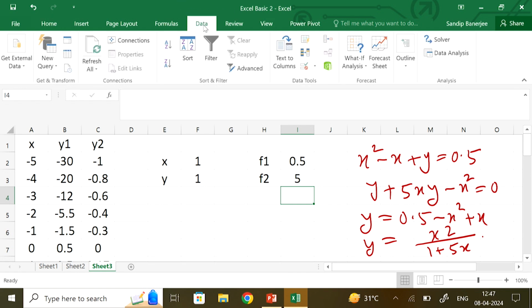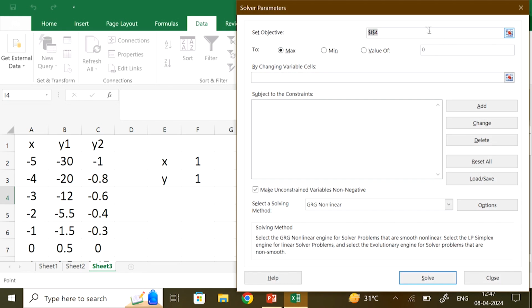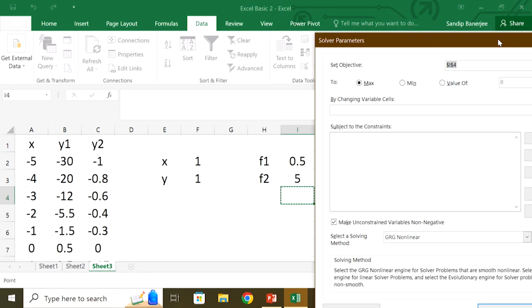You go to the data, you go to the solver. So, if I highlight this now, this is your I2. I have to make the value to be 0 by changing the variables x equal to 1 and y equal to 1.